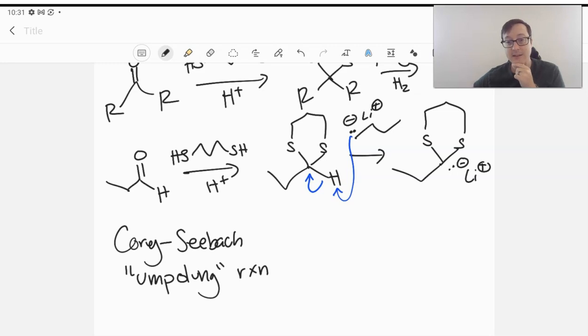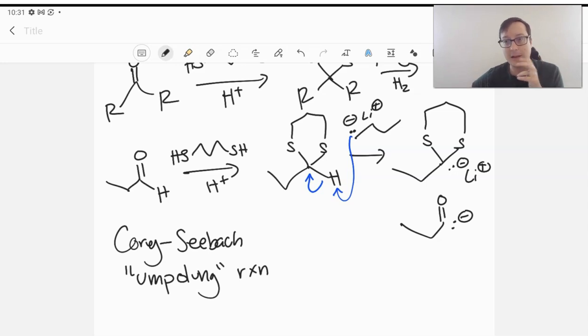And we're going to see that we can actually put any manner of electrophiles with this. Alkyl halides, other carbonyls, whatever we like, some sort of electrophile, and this will act as a nucleophile and attack it. So essentially, what this really is, because we can remove the sulfur later, it's a nucleophilic carbonyl carbon.